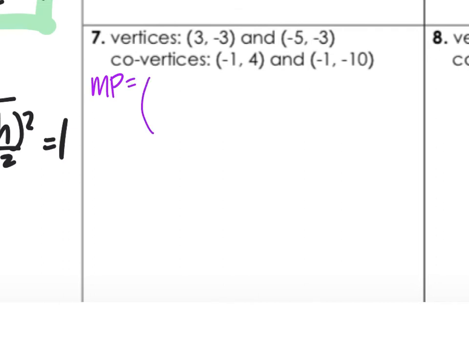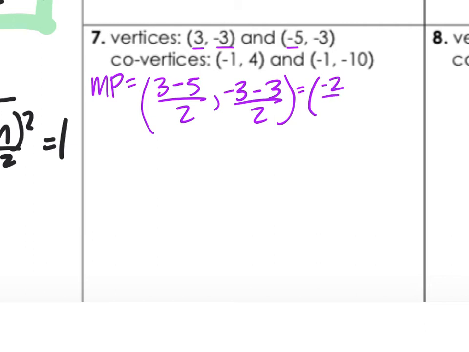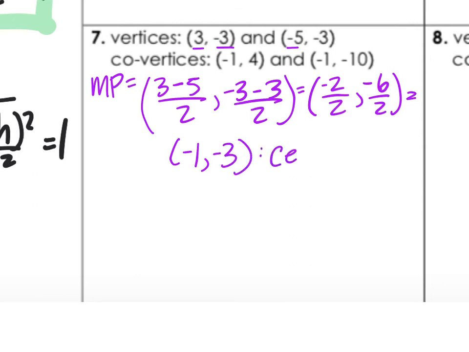So we've got 3 plus -5 over 2, and then we've got -3 plus -3 over 2, and that reduces to -2 over 2, and then -6 over 2, which then becomes -1, -3. So that's the center.